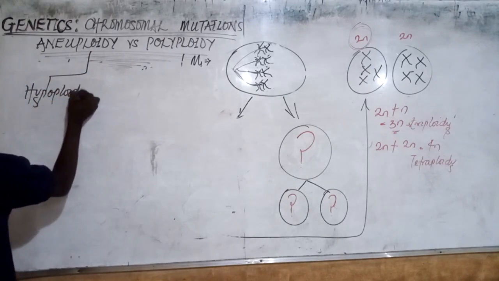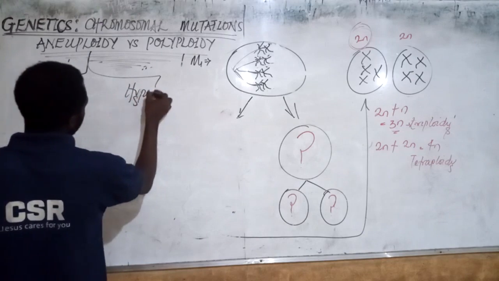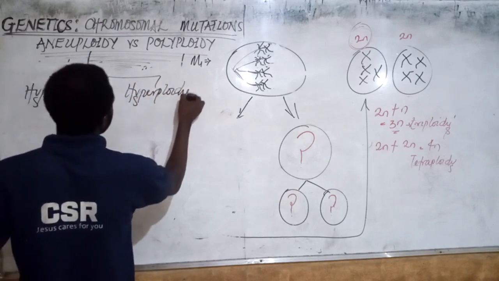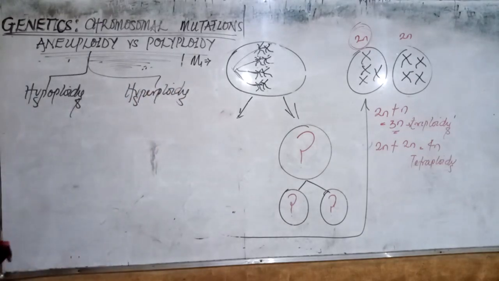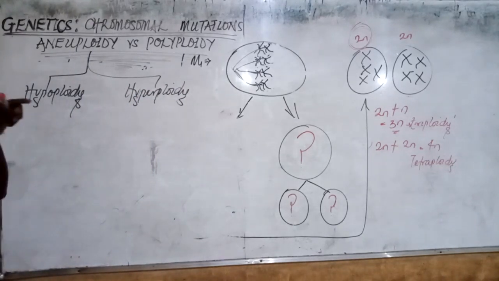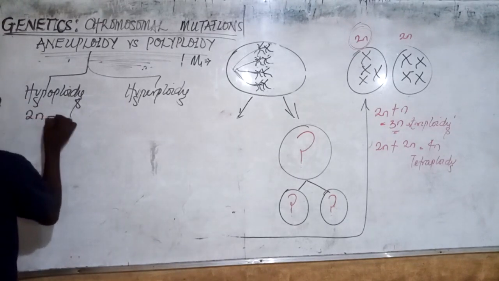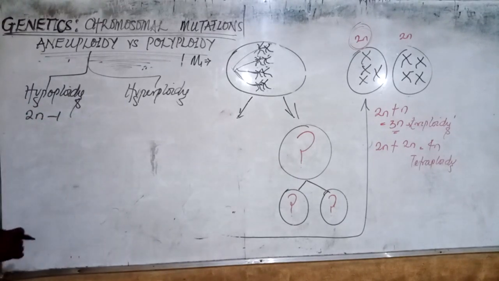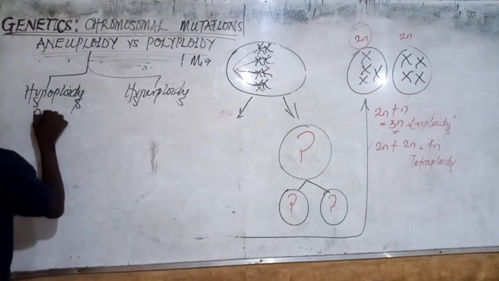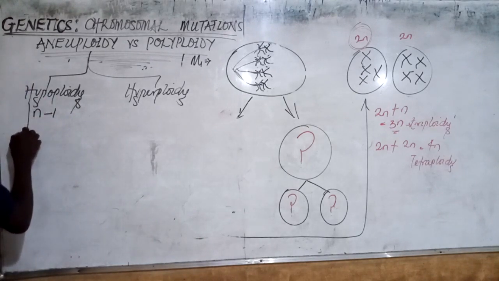What happens with hypoploidy is this: there is a reduction in the normal number of chromosome sets. So what you are going to have is a 2n minus 1 at the end of the day, or in the actual gametic cell, we are going to have n minus 1. So this is hypoploidy.